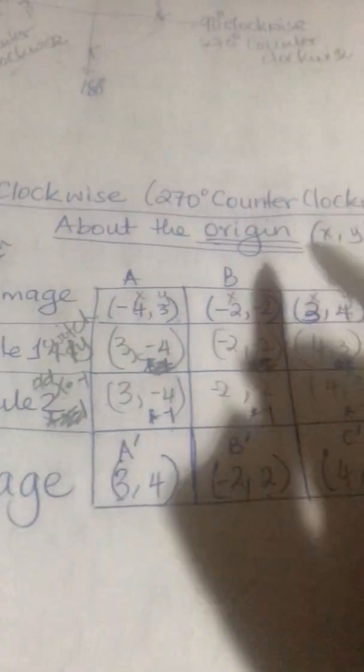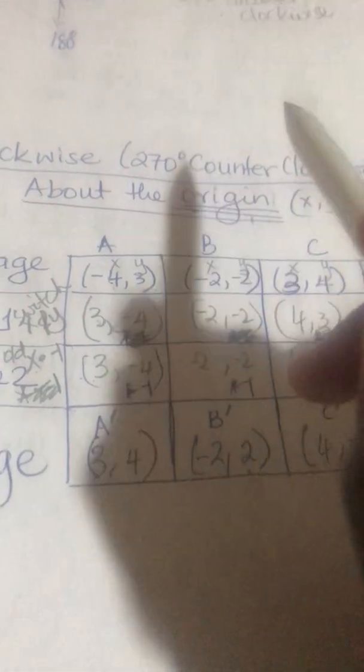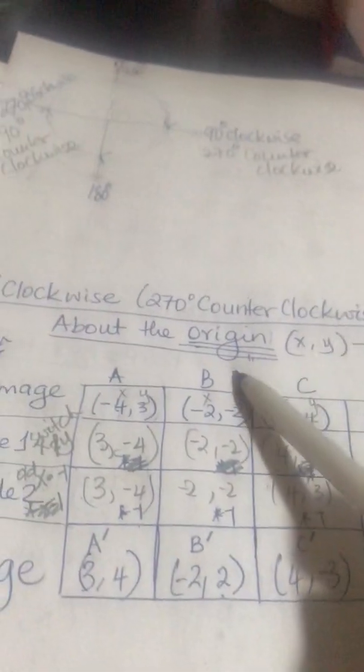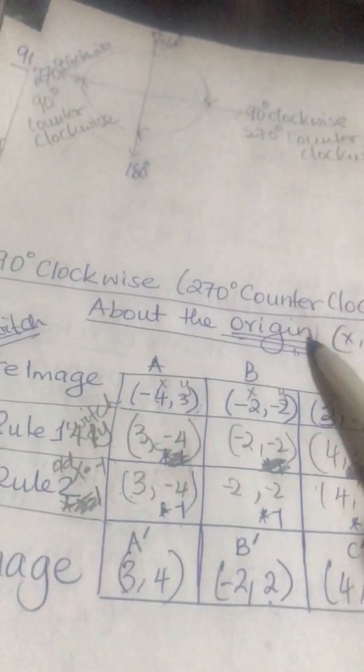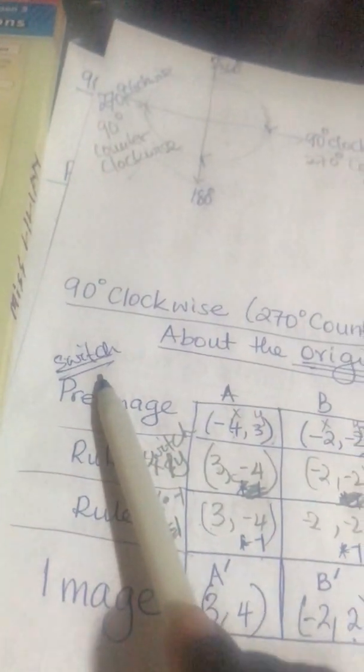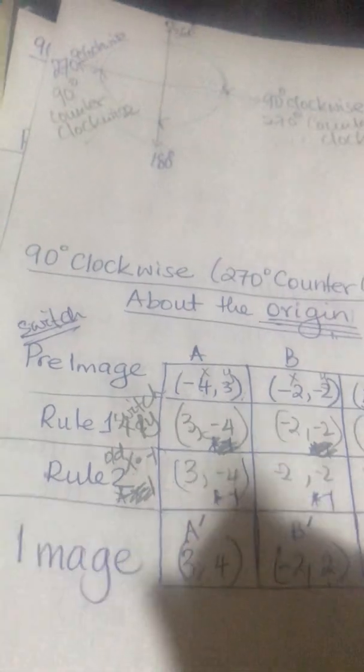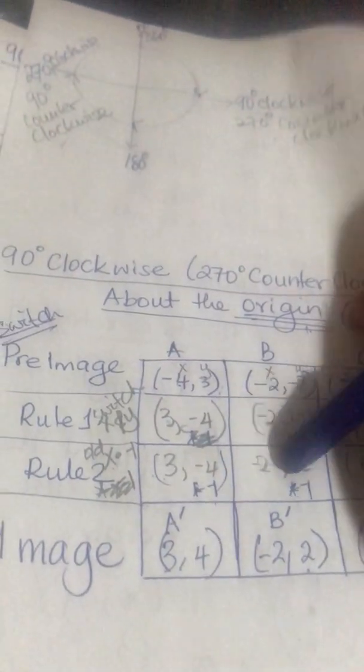So here, 90 clockwise, you have to switch. And we are rotating about the origin. This is the rule for 90 degrees clockwise or 270 counterclockwise about the origin. You switch x and multiply x with -1.